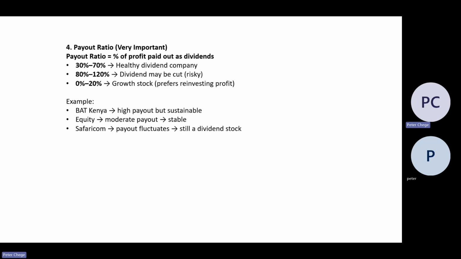It means they may not give dividend in the near future. Anything below 30%, that's a growth stock because they prefer investing their profit. So you may want to know how much of the profit they have made. Are they reinvesting? If they are not reinvesting, then you don't want to get into those stocks.